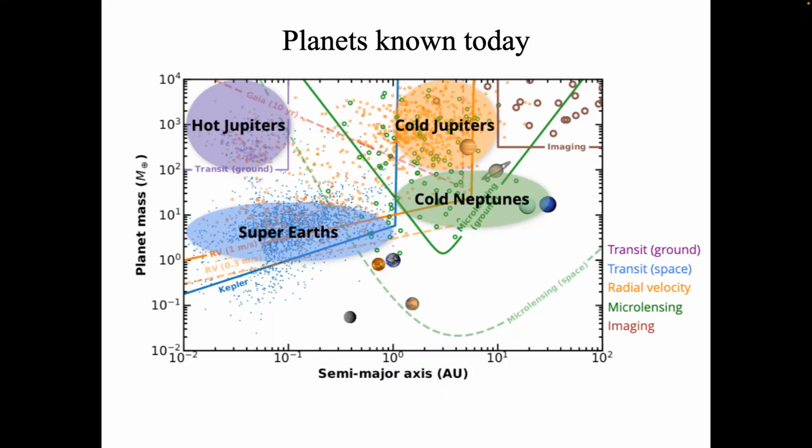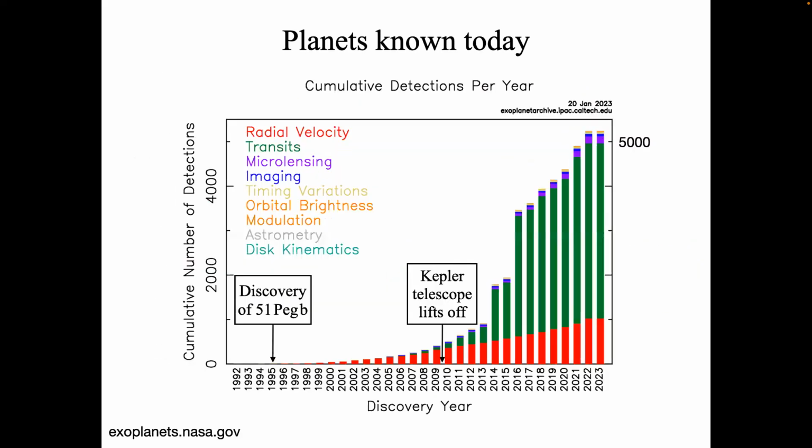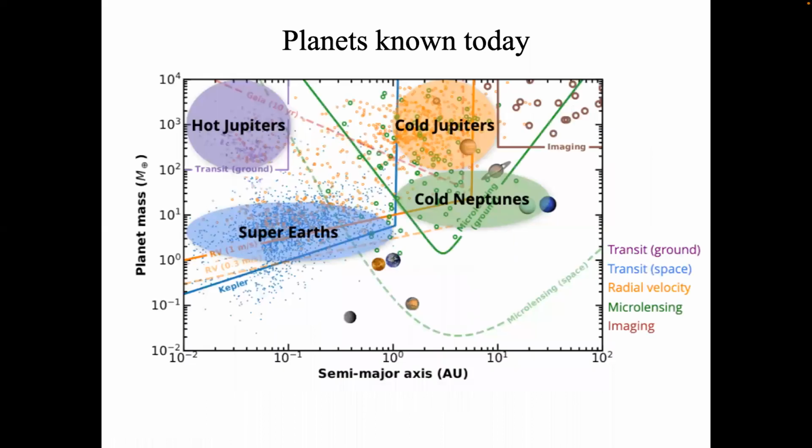You can also see from this diagram that each column is colored in a different way, and each color is linked with a different technique for detecting exoplanets. So you can detect exoplanets using different techniques, and each method can probe different regions.